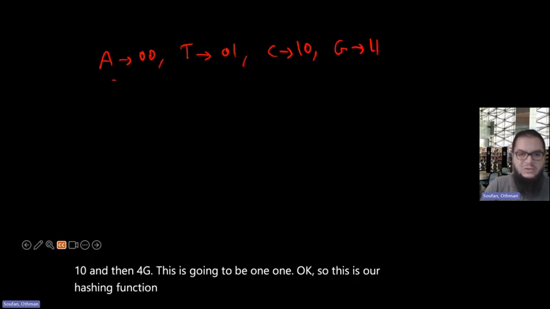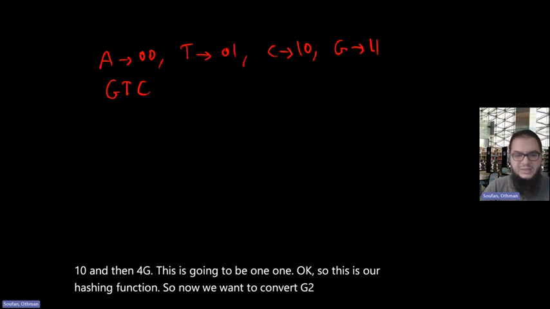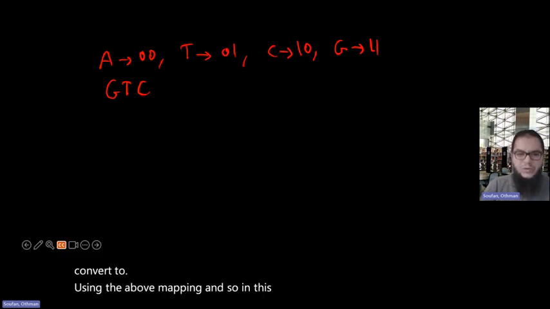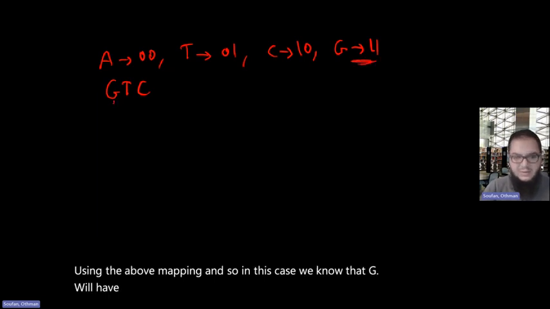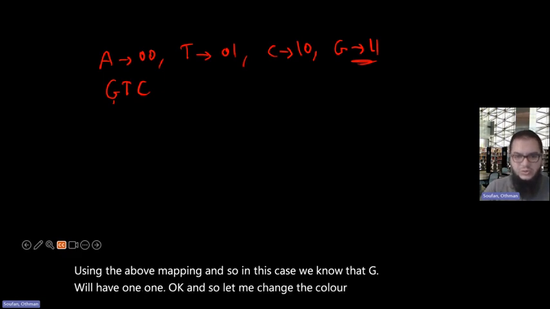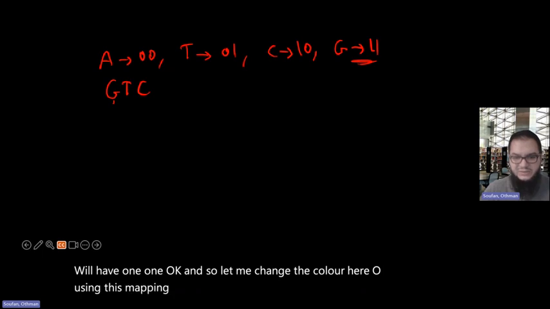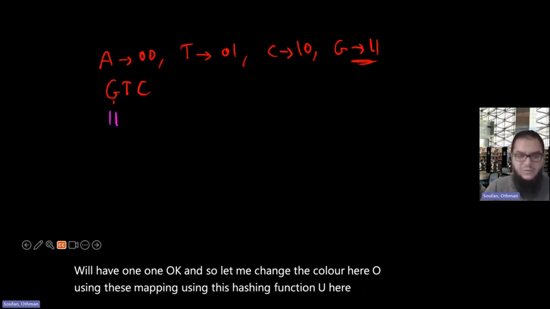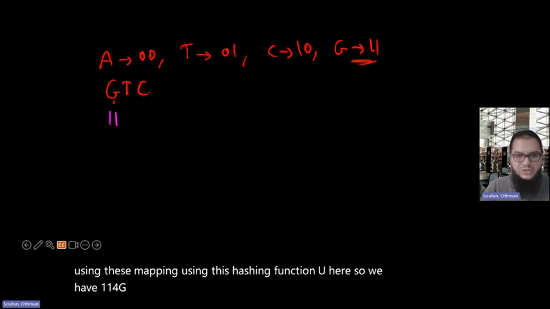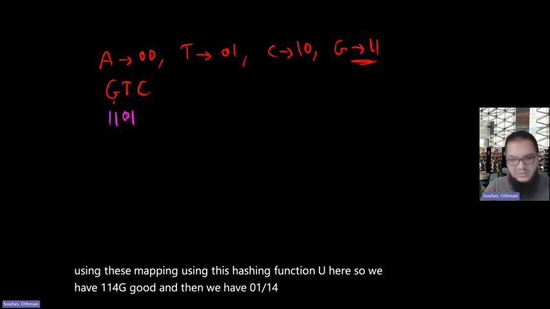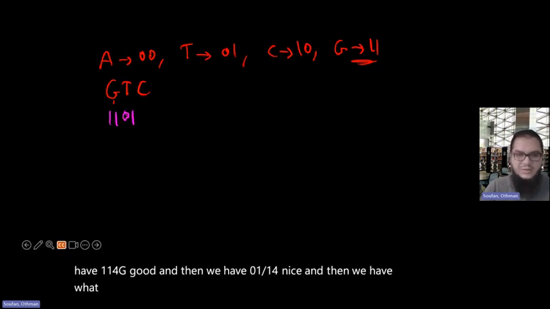So now we want to convert GTC using the above mapping. In this case, we know that G will have 1, 1. So using this hashing function up here, we have 1, 1 for G, good, and then we have 0, 1 for T, nice, and then we have 1, 0 for C. Combine them, we get this hash value.